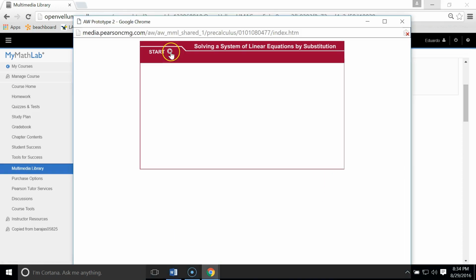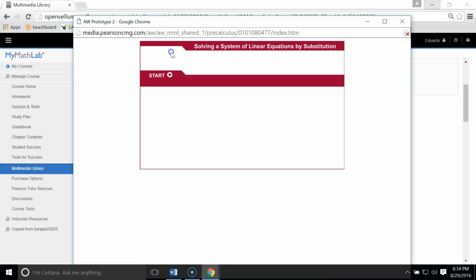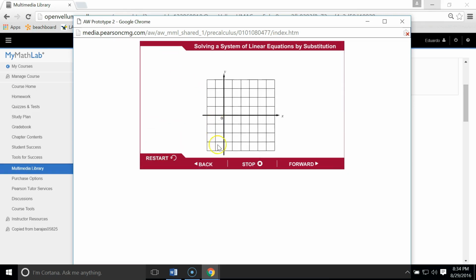They vary a little bit. This one is going to help you solve a similar question. Linear equations by substitution. Sorry. Okay, so this is an example of an animation. Especially when the coordinates of the intersection point of two lines are not integers.